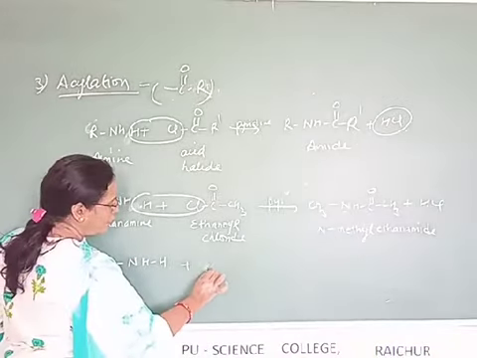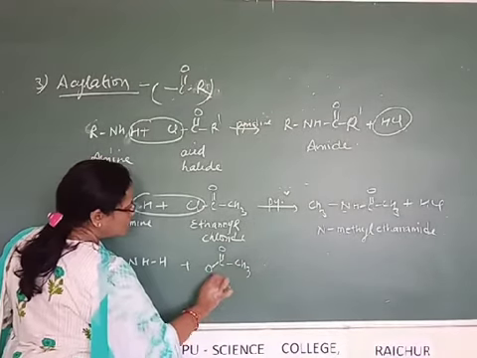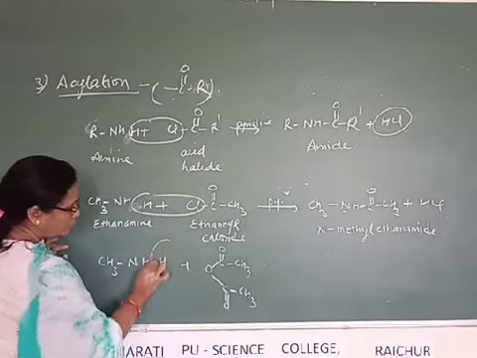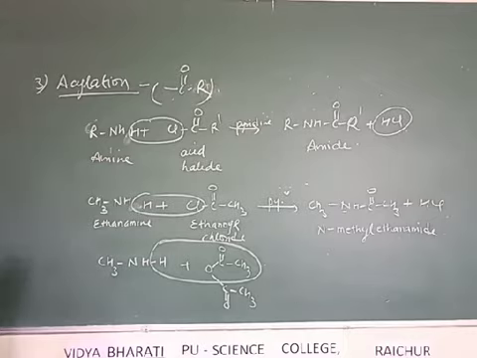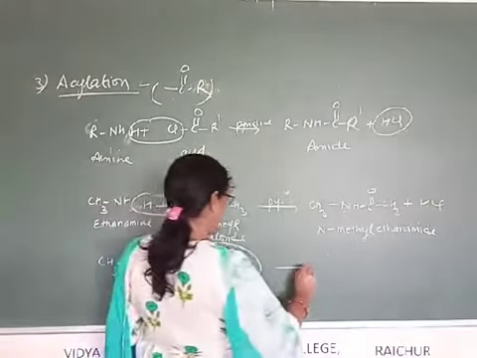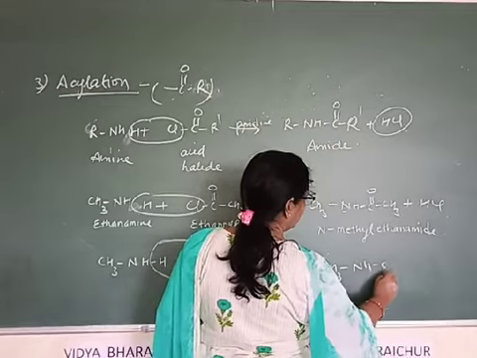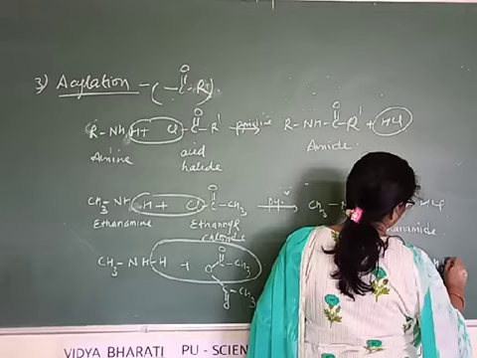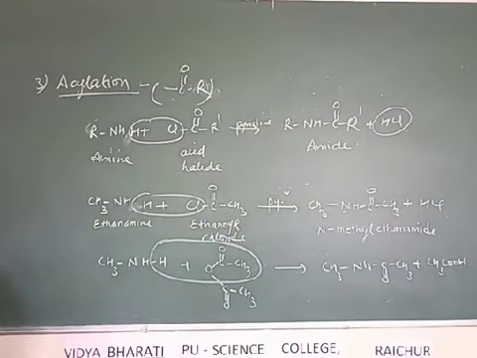Similarly, we can carry out the reaction with acid anhydride. This is acetic anhydride. So acid will be removed and acylation takes place. Same compound. Is it clear?